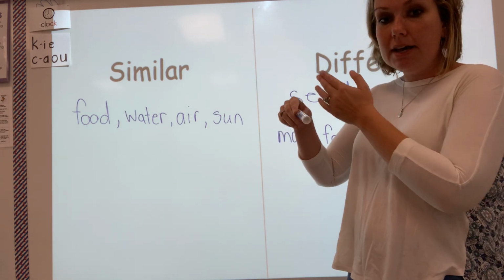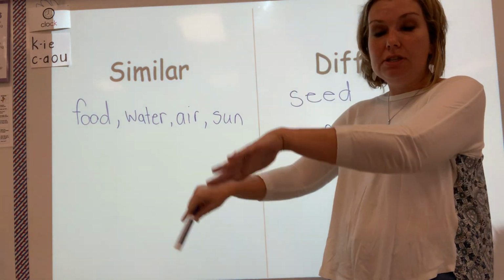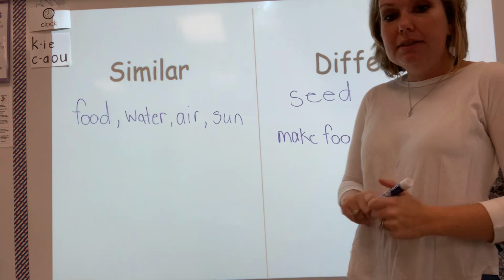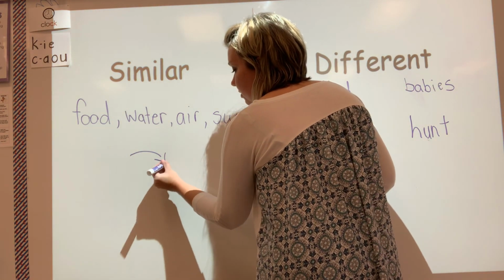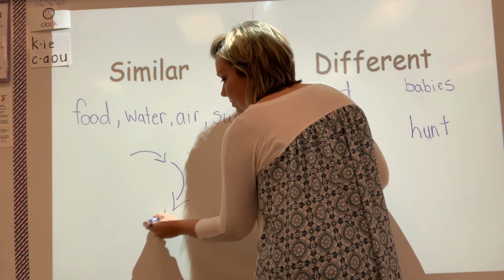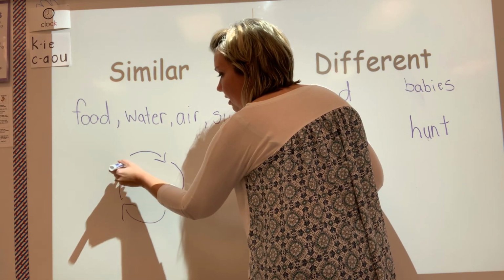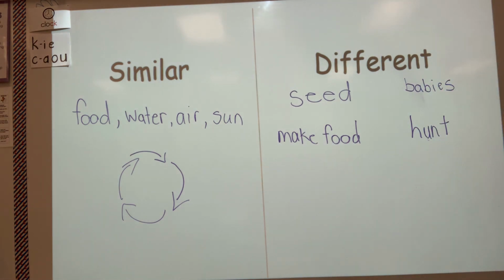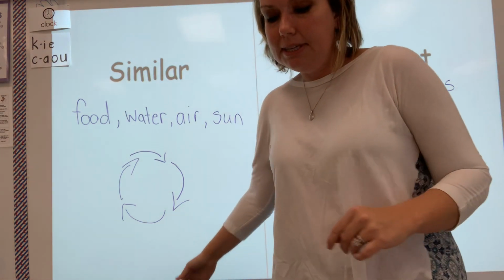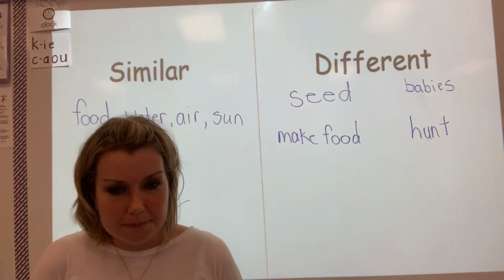Do we start as small, grow, change, and eventually die? Yep, so we all have a life cycle. Plants have a life cycle, and people have a life cycle. Ryan was talking about that. So there are some ways that we are similar and ways that we are different from plants.